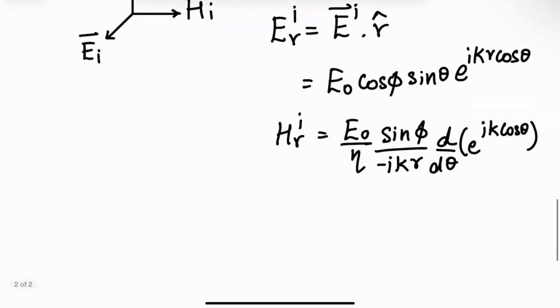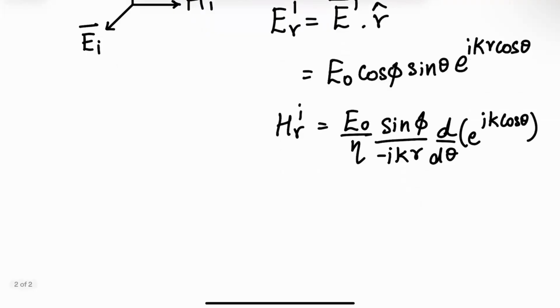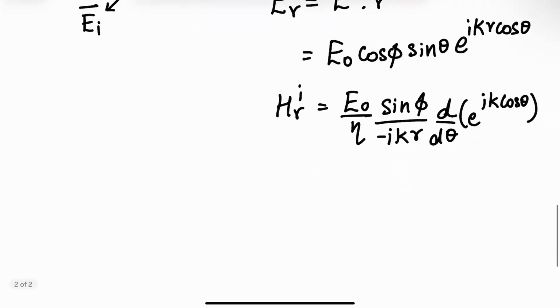Okay, so now what we want to do is we want to expand this r component in a spherical wave basis, or spherical modes. So we want to expand this part in terms of a spherical wave expansion.